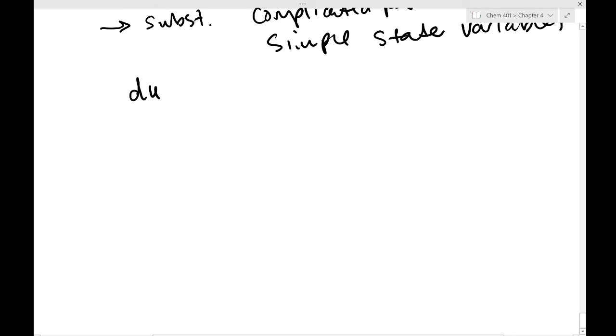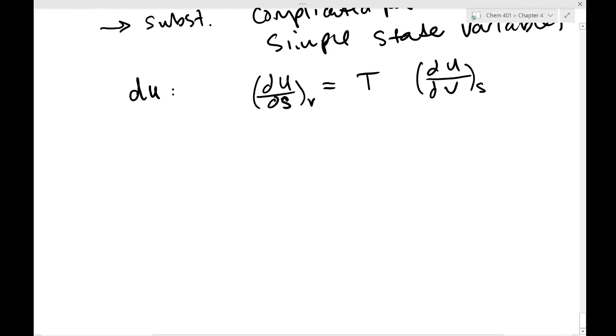So for dU, I'm going to rewrite them just to keep it all consistent. The partial of U with respect to entropy at constant volume is equal to T. The partial of U with respect to V at constant entropy is equal to negative P. And dU has the natural variables S and V. Then we can go to dH.